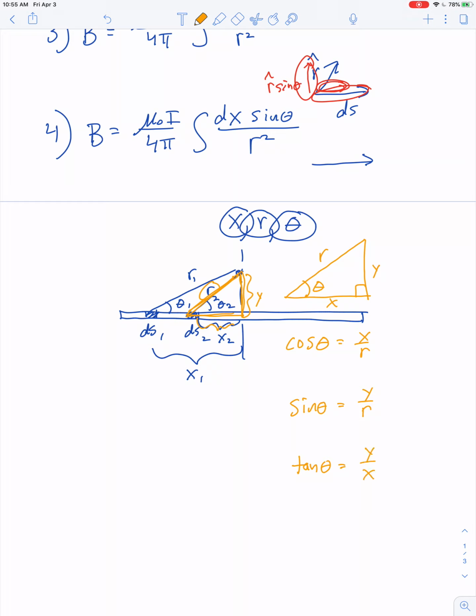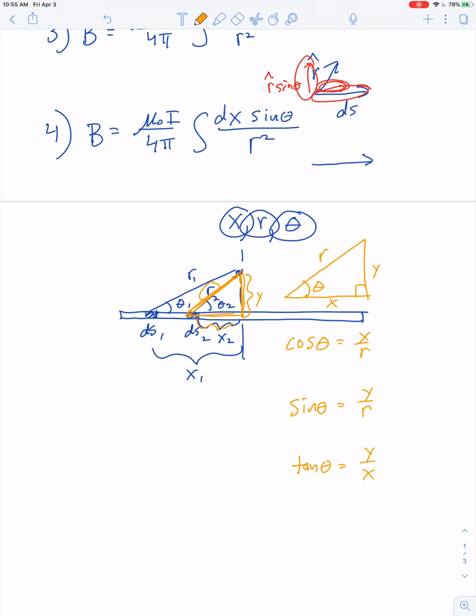That's going to be useful to make a substitution to go from step 4 to step 5. The other substitution we can make is based off tangent theta equals y over x. That means x is equal to y divided by tangent theta, or x equals y times cotangent theta.